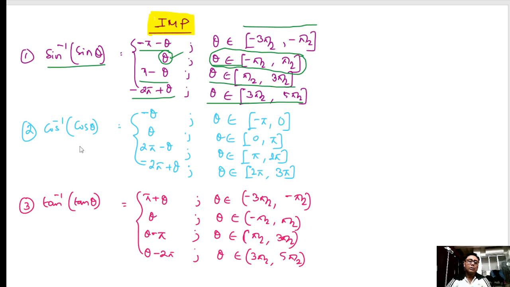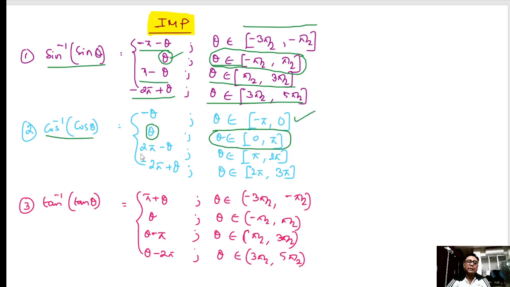Second, cos inverse cos theta is not only theta. It is theta only when theta lies between 0 to pi. It will become minus theta if the angle lies between minus pi and 0.